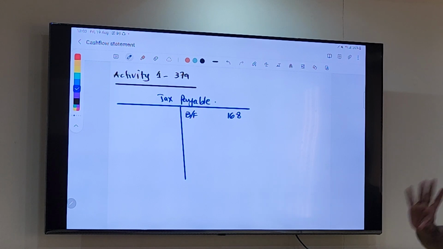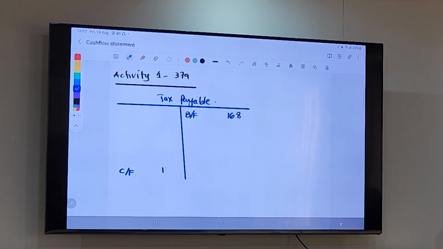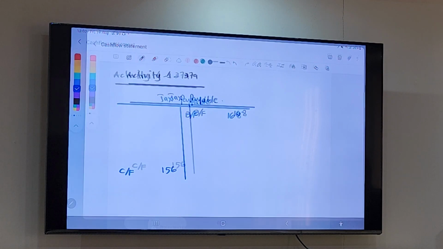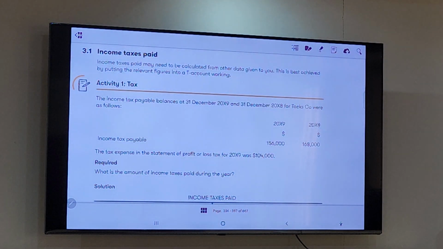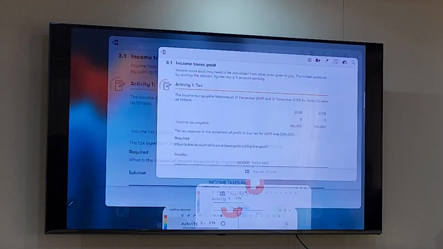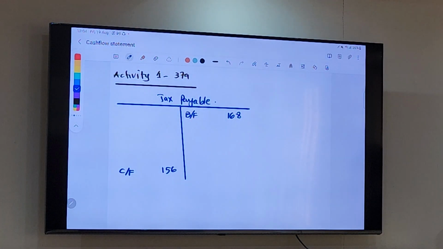That's clear. Now, end of current year, I have a liability of how much? 156. And they also say the tax expense in the statement of profit or loss for the current year, X9, is how much? 104. So what is the double entry for that?